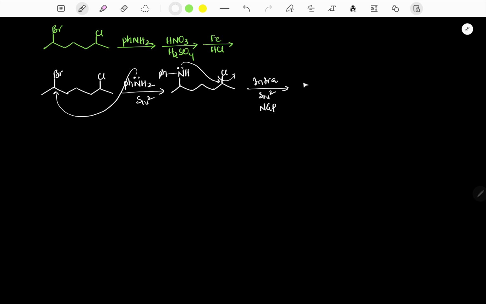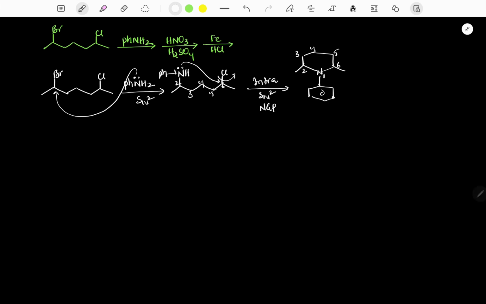So the final product is: ring formation, 1, 2, 3, 4, 5, 6, benzene, nitrogen and a 6-membered ring. Second carbon methyl, sixth carbon methyl.